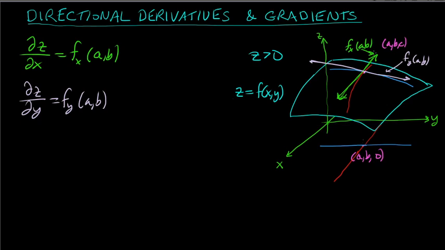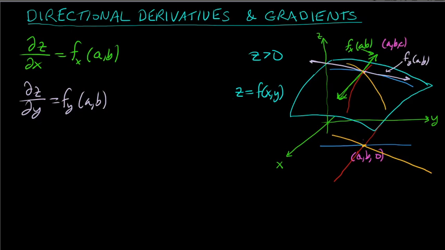But then you might wonder, what's so special about the x direction or the y direction? What if I'm at this point a, b and I want the slope in some other direction, let's say this direction? So I go up to the surface, and on the surface I get a curve, something like this.